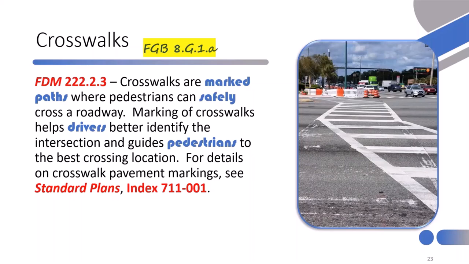Where ADA comes in is not only that the cross slope must be 2% max, but you've also got an alignment issue that needs to be considered. The picture on the screen shows, during construction, a temporary alignment, I believe, but there are two kinks in the alignment of the crossing. And there's nothing physically detectable or non-visual to clearly and effectively communicate the change in direction to someone with a visual disability.